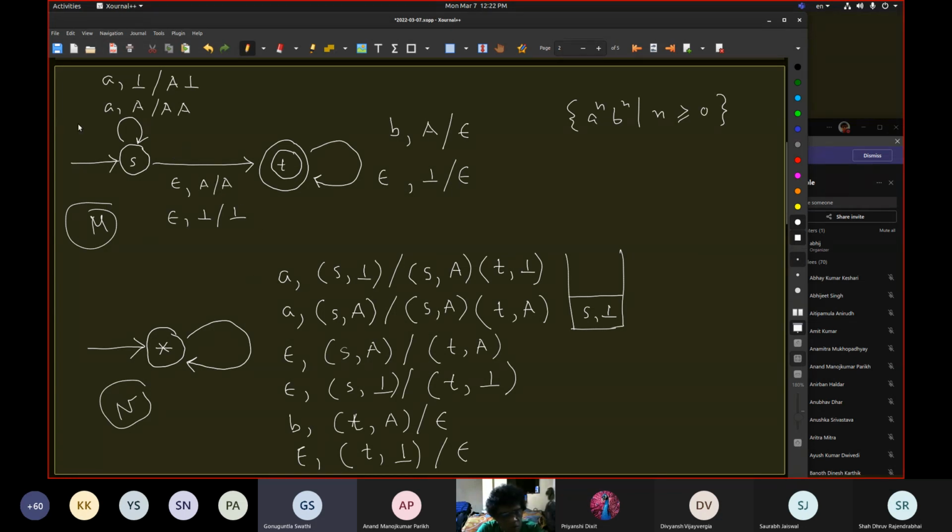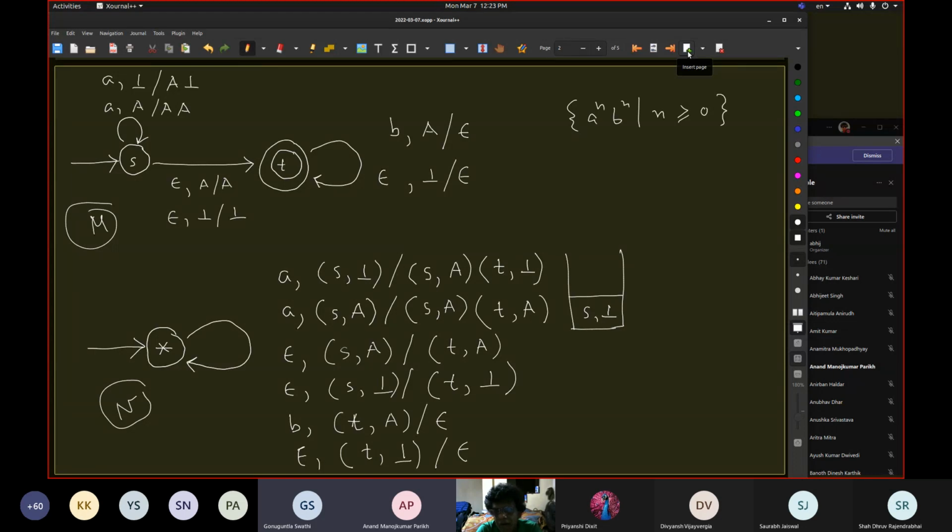And although this is a very simple thing, just remembering one state is not going to do the work. I cannot prove it here, so that requires some formalism.